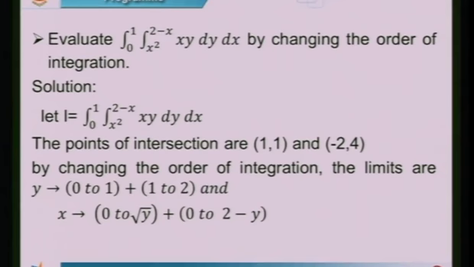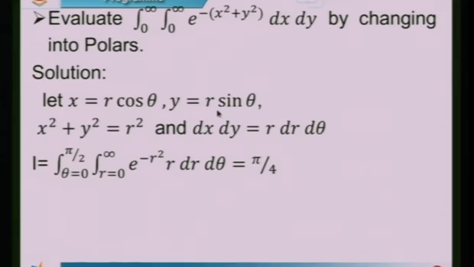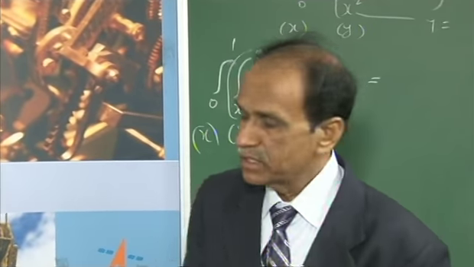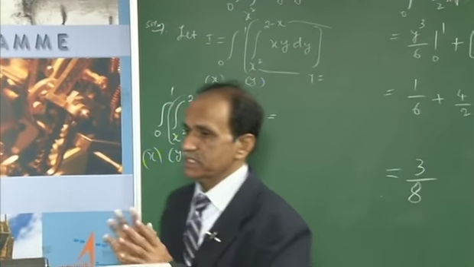Let me go for this simplification or analysis of the double integral by changing the order of integration in another few problems. Those problems you can solve, but let me give a different procedure by changing into polar coordinates. What is the purpose behind it? Already I told you that x and y are the Cartesian coordinates.